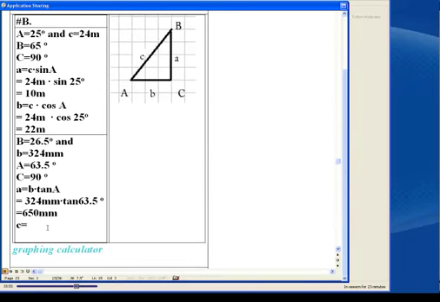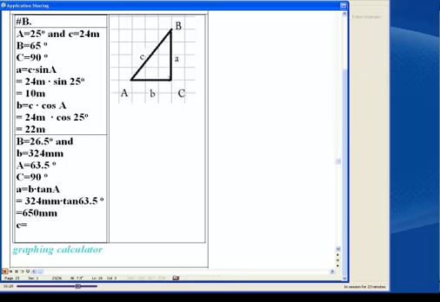And C, well, I have lots of possibilities to figure out C. I could even use the Pythagorean b squared plus a squared equals C squared. Or I can use perhaps the cosine. So let's use the cosine.